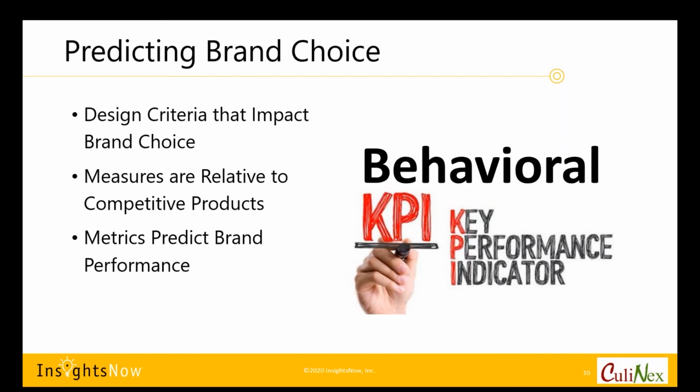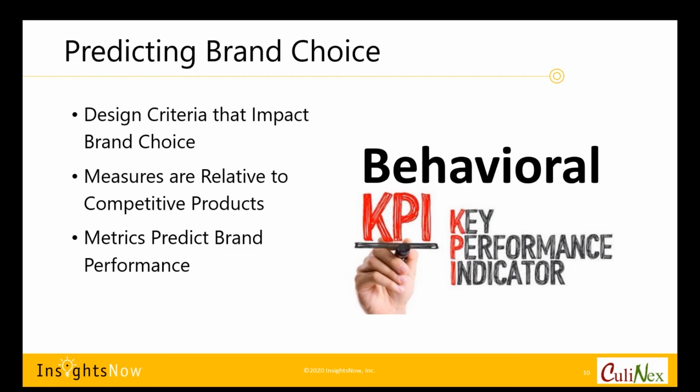And these are metrics that help in predicting brand choice. They are your design criteria that impact brand choice. So different KPIs are associated with specific design criteria, such as your claims.